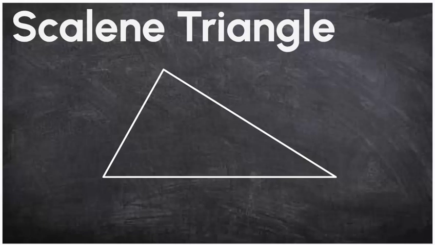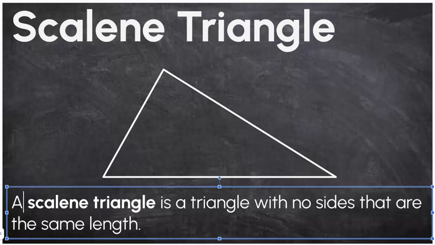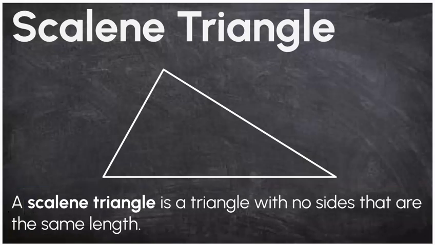Scalene triangle. What is a scalene triangle? A scalene triangle is a triangle with no sides that are the same length. So none of those three sides are the same length.